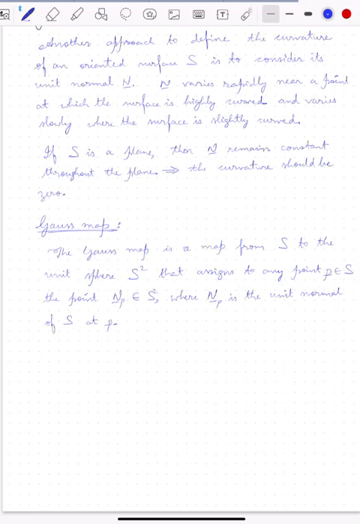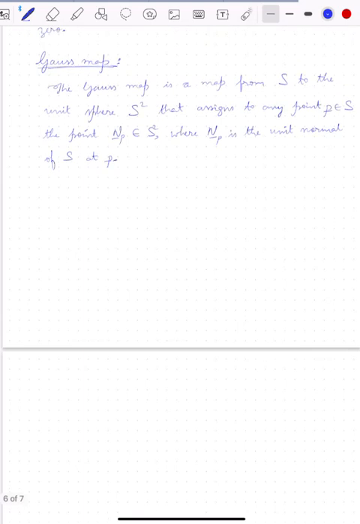So that's what it does, right? So schematically speaking, this is how it looks. We have a surface here and a point sigma of uv, and we have normal n.